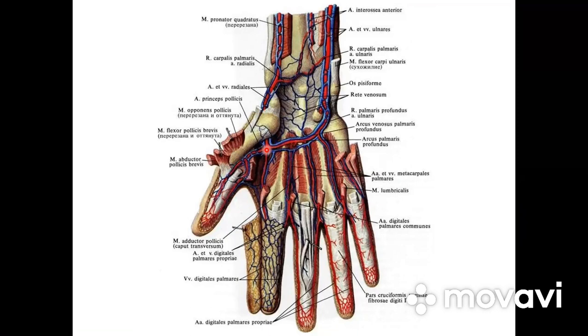Next branch, the radial indicis artery, arteria radialis indicis, continues in the first intermetacarpal space and after that lies on the radial border of the index finger. This is the second finger, and it will supply this region of the second finger.